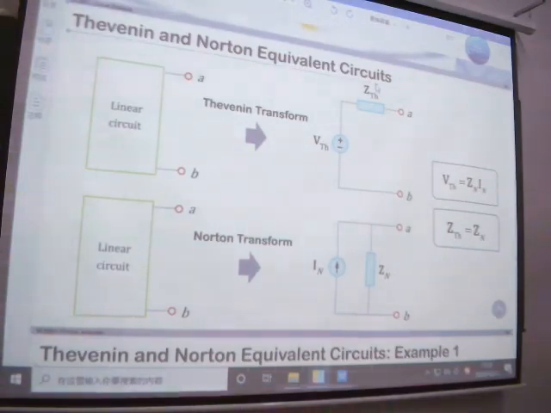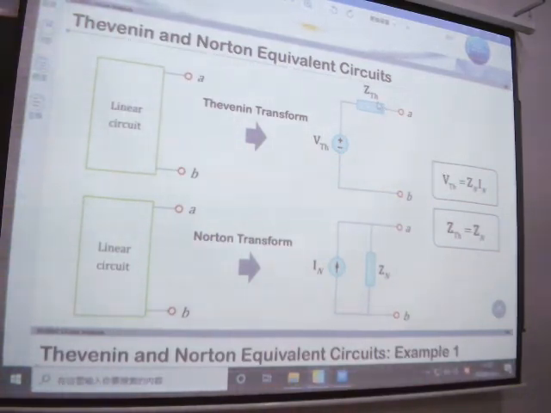And we can see if we use the Thevenin impedance instead of the R, they are the same, because our formula is still in the Ohm's law. We just change the RTH to ZTH.